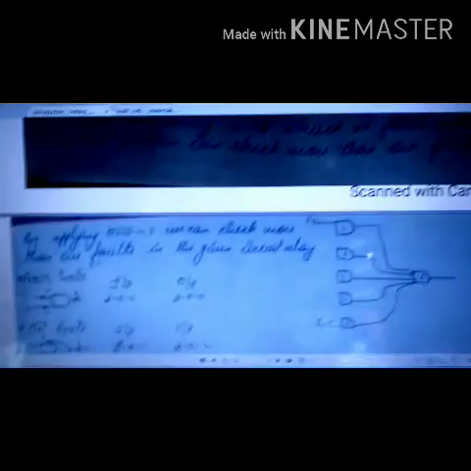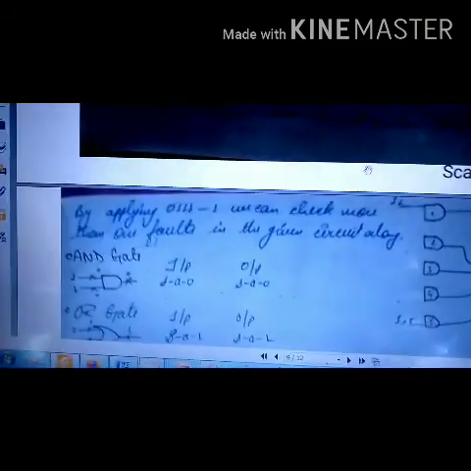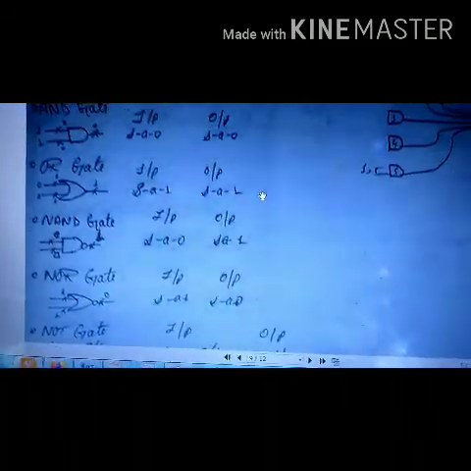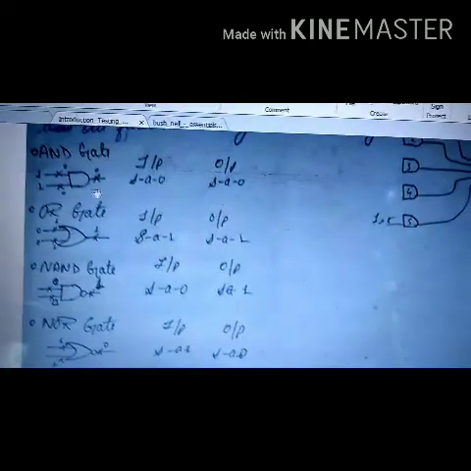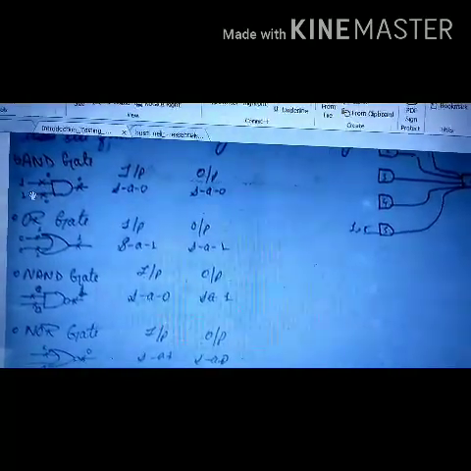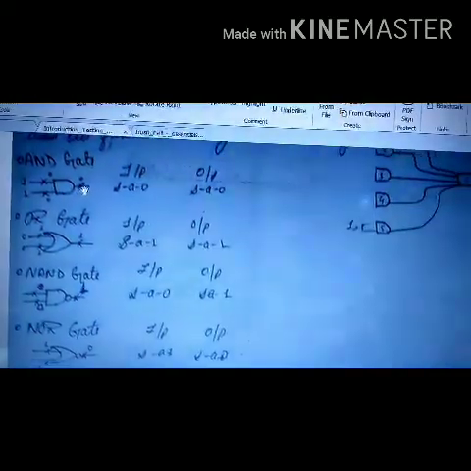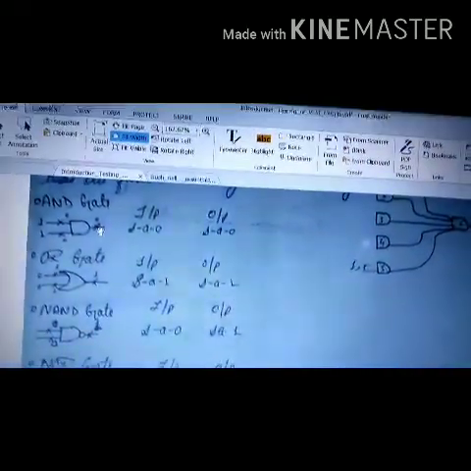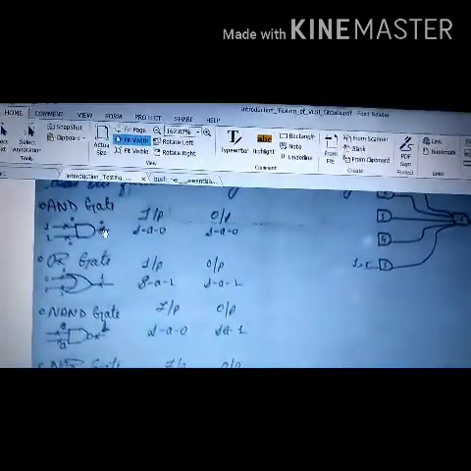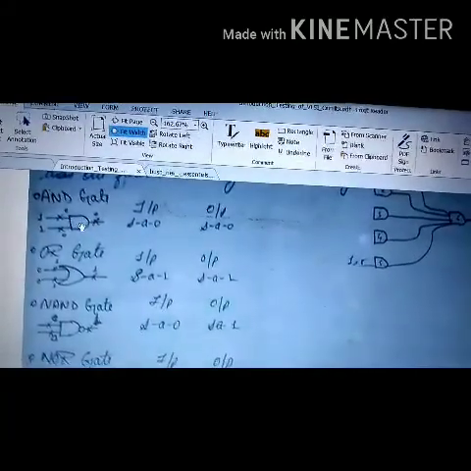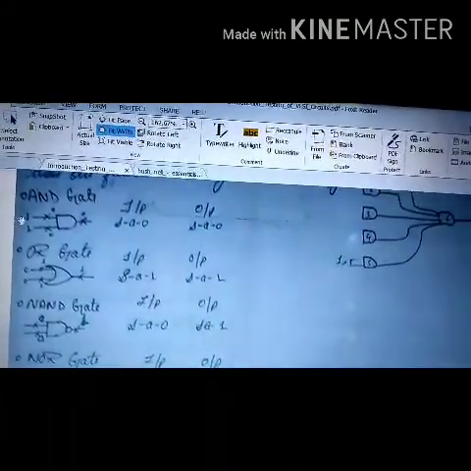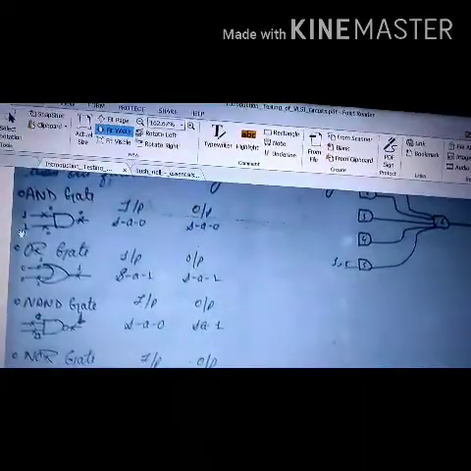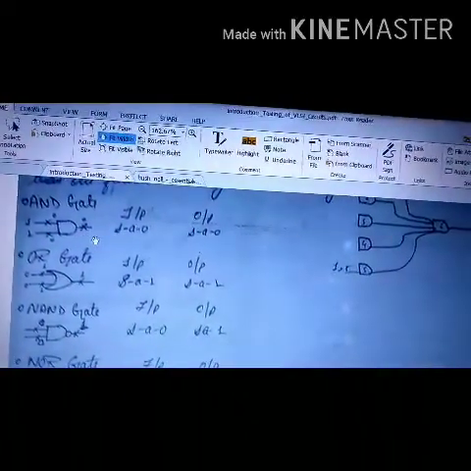So let us briefly look at different equivalent faults for basic gates. For an AND gate, stuck at 0 at the input is equal to stuck at 0 at the output. What does this mean? If in this AND gate I have inputs 1 1, the output should ideally be 1.